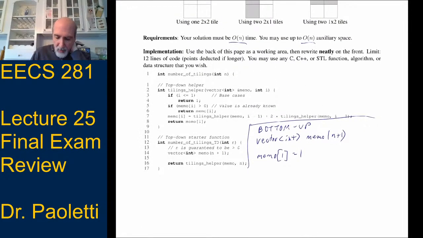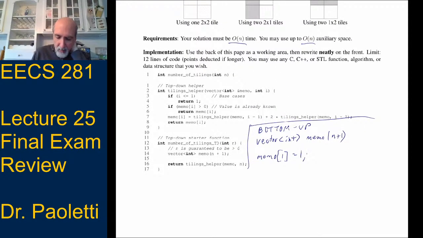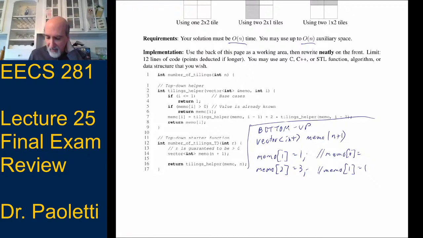Okay, so I say memo 1 is equal to 1. Memo sub 2 is equal to 3. We could also, equivalently, say memo sub 0 is equal to something, and memo sub 1 is still equal to 1. Okay, so here's a question.